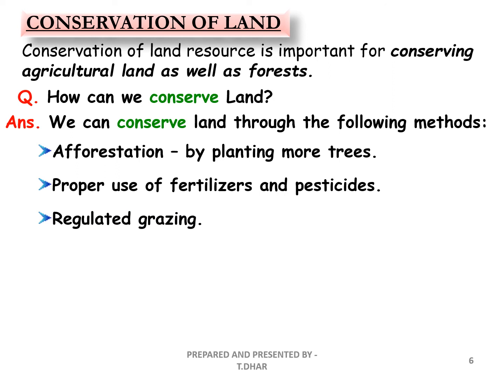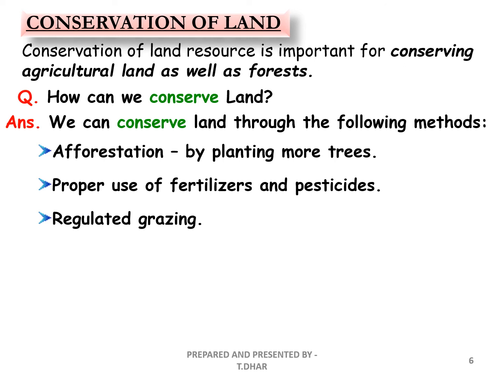Third method through which we can conserve land is regulated grazing. Grazing, as I have discussed earlier, is used for cattle in rural areas. So regulated grazing is very much essential to conserve the land.